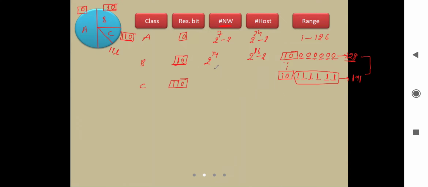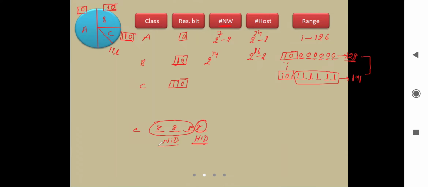What about the number of networks? So here it is 1 2 3 4. There are 4 octets, and octet means 8 bits. In case of class C, these 3 octets are used for the network ID, and this octet is used for the host ID.